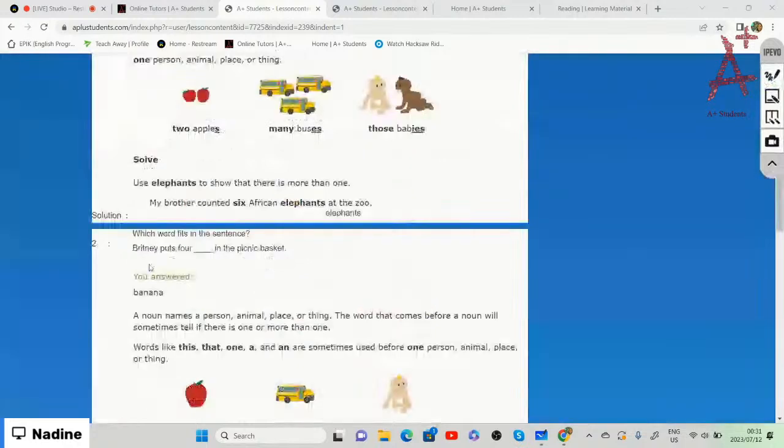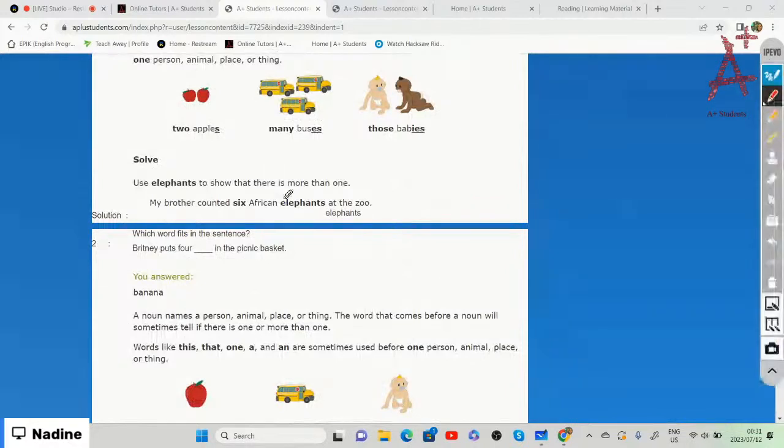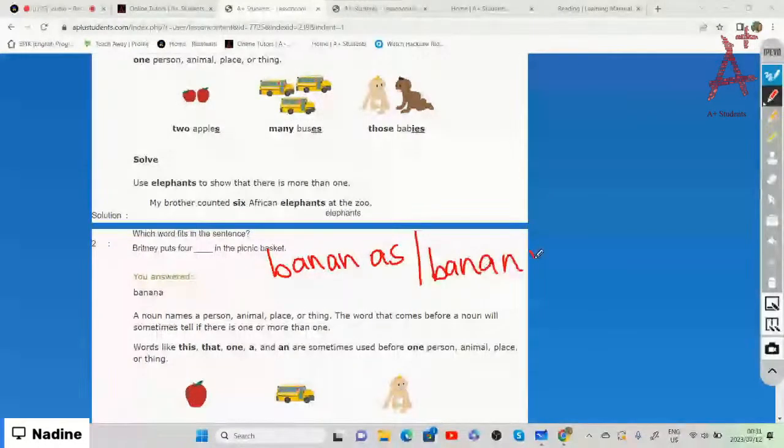Brittany puts four bananas in the picnic basket. So four bananas or four banana in the picnic basket?